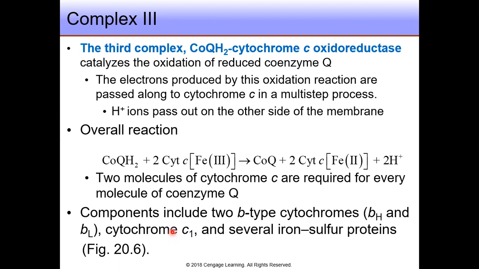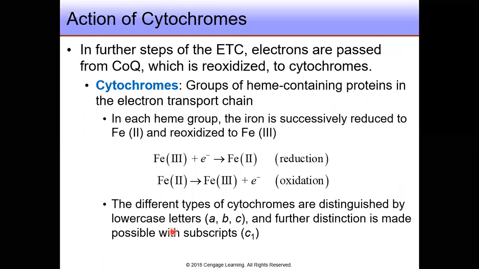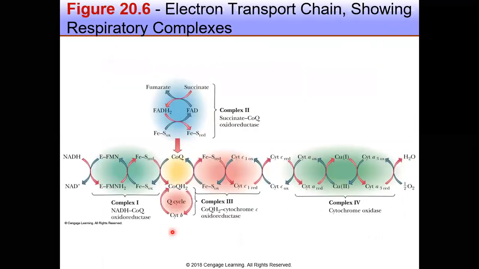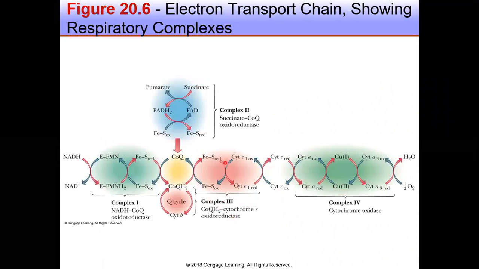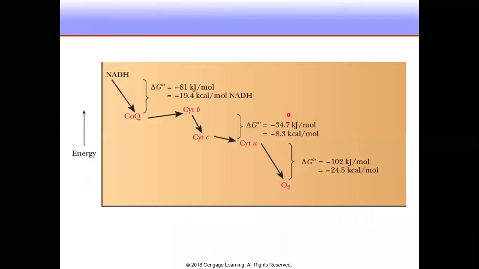Again, if we go back and see that figure, this is, you see, complex 3. And this is complex 2, this is complex 3, and here complex 4, which we will see.